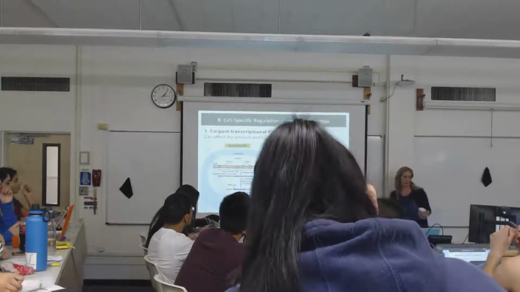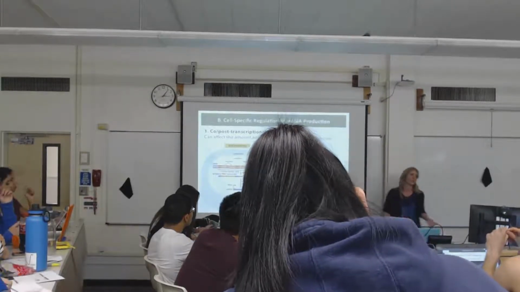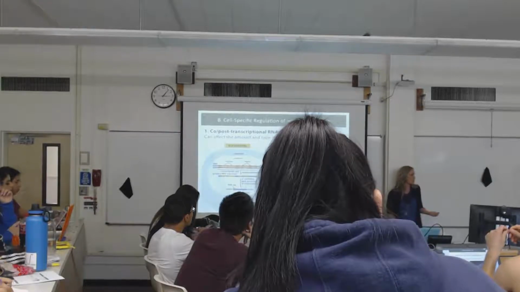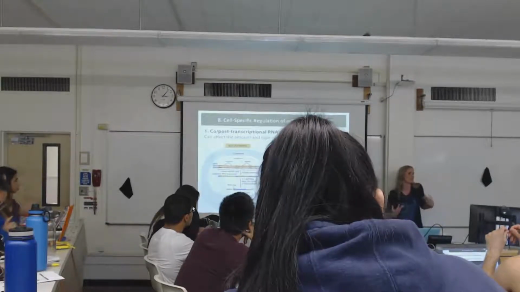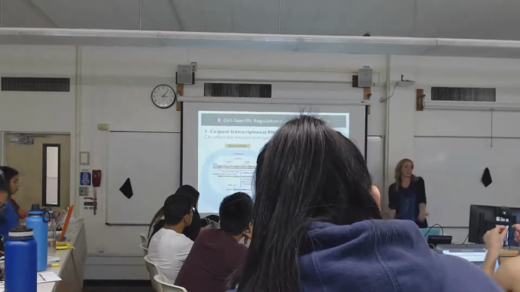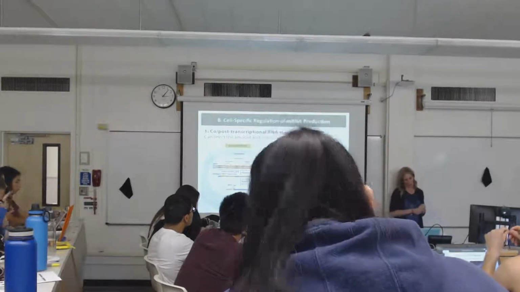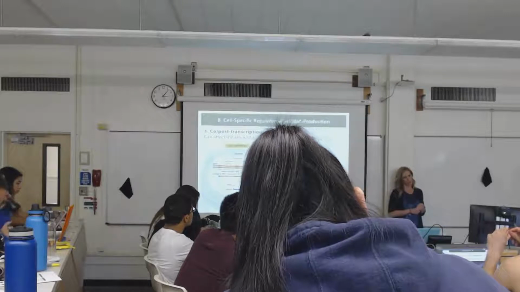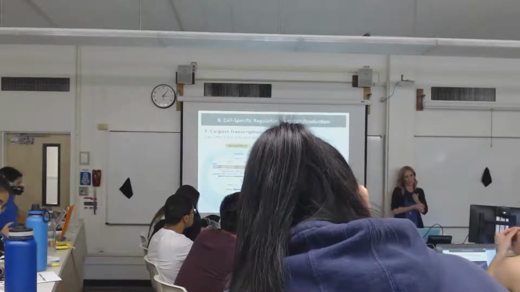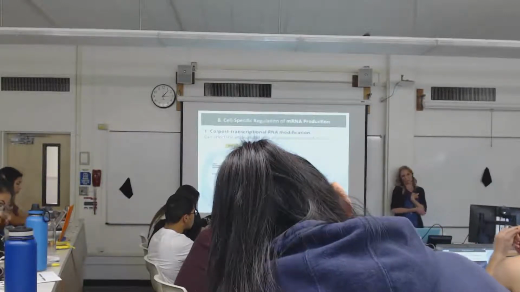Post-transcriptional RNA modification. So co and post, right? Co-transcriptional RNA modification implies that modification is happening during transcription, and then post would be after. I kind of lump them into two, and that should become clear as we go.